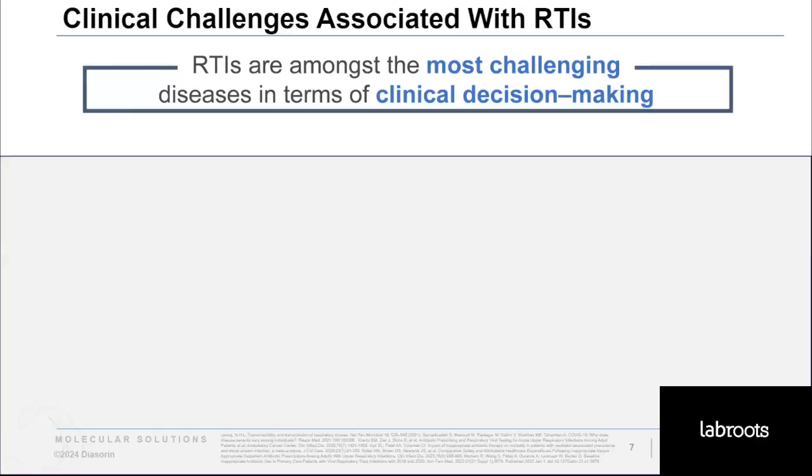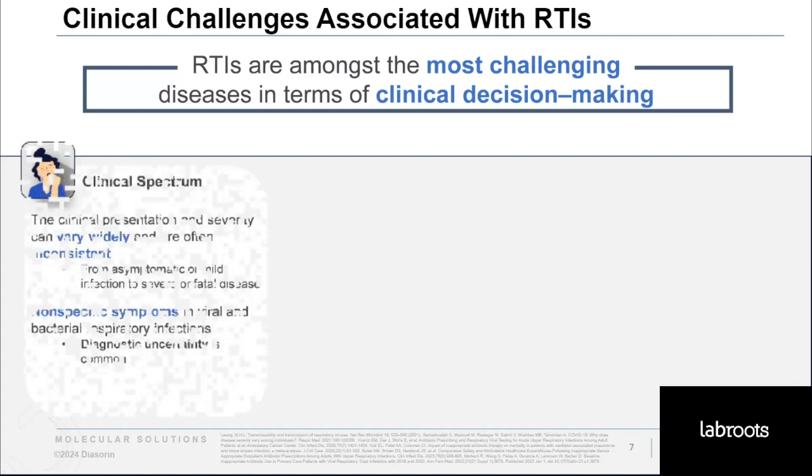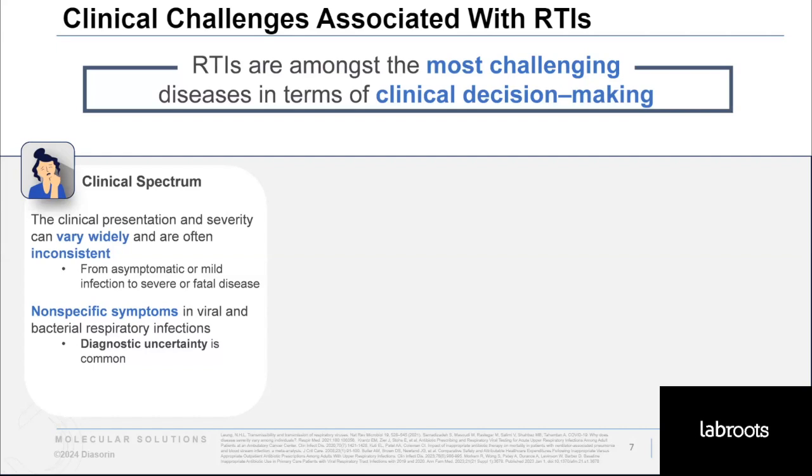Now, respiratory infections present some of the most complex diseases when it comes to making clinical decisions. What do I mean by that? Well, the clinical presentation and severity can actually vary widely. The clinical spectrum is very inconsistent from person to person. Symptoms range from no symptoms at all, to mild infections, to severe or even fatal disease. This inconsistency is usually influenced by various factors such as the causative agent or the host immune response, as an example.